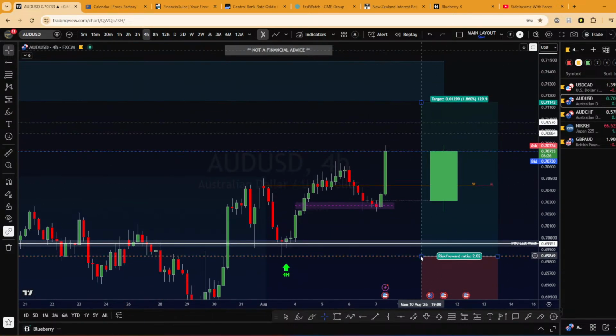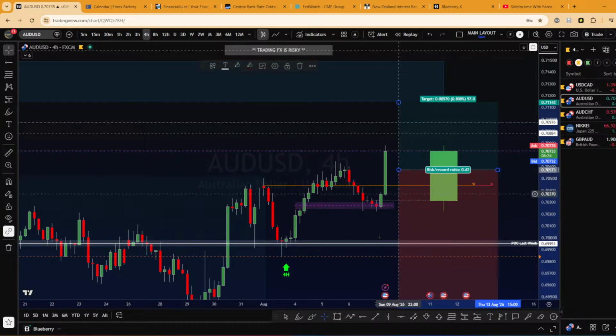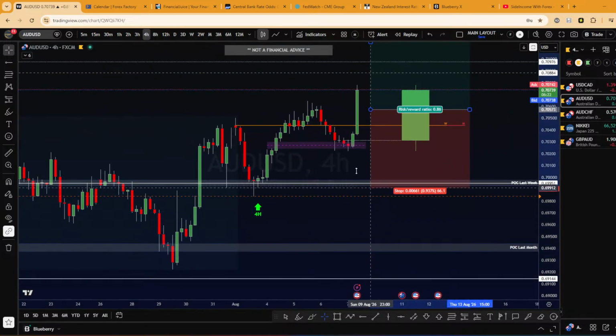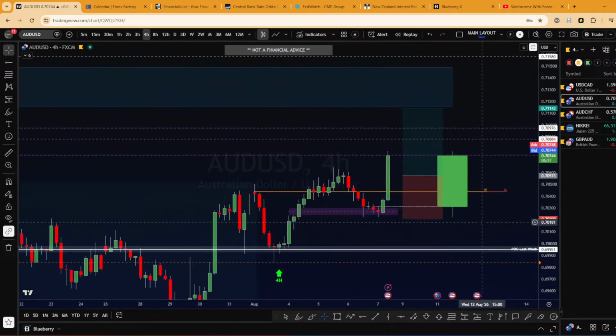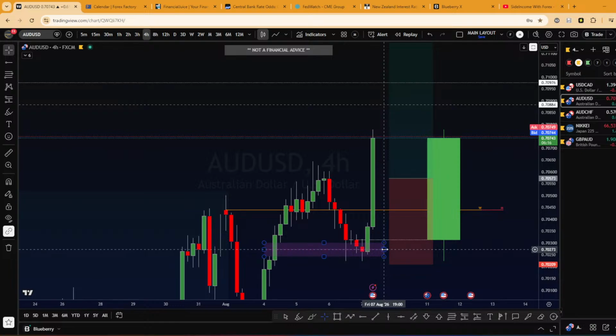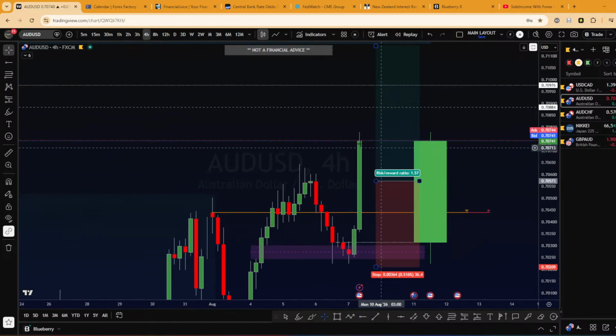So I will just adjust my setup entry here. Let's see if price gives me some sort of retrace around this level.